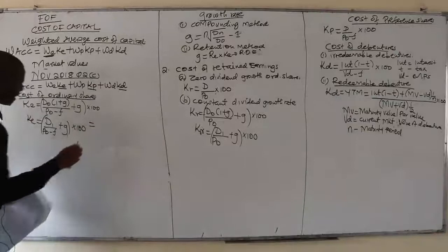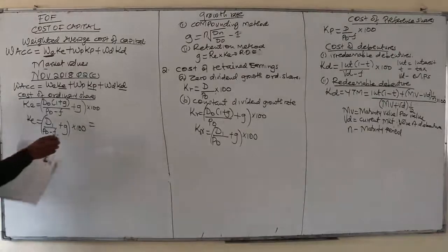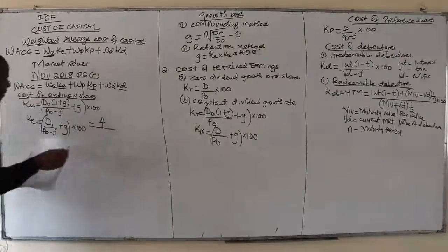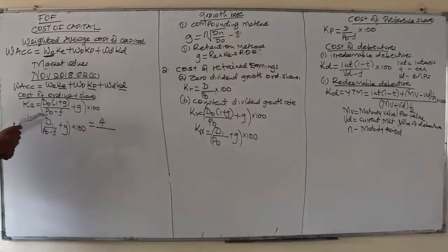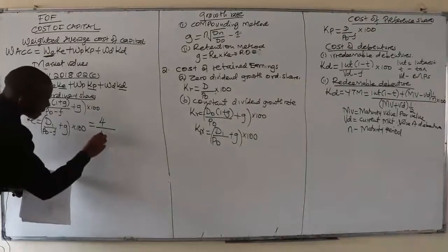In that case, our next dividend is 4 shillings per share. You divide by the market price of the shares, which is quoted at 80.